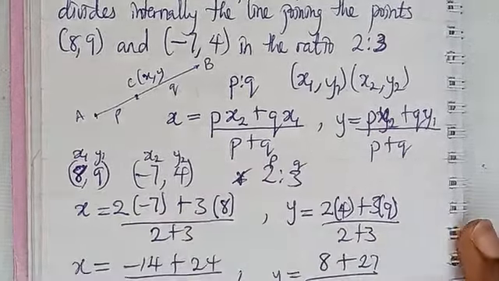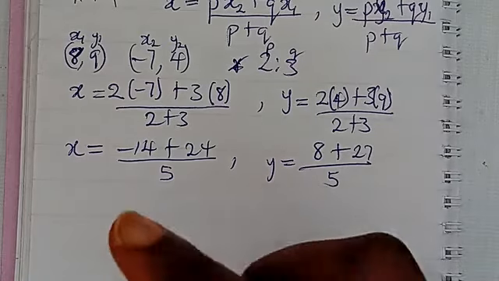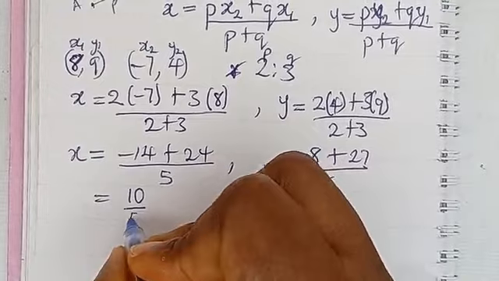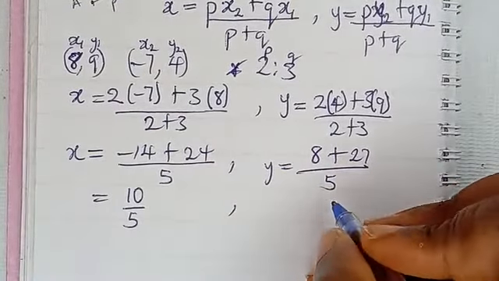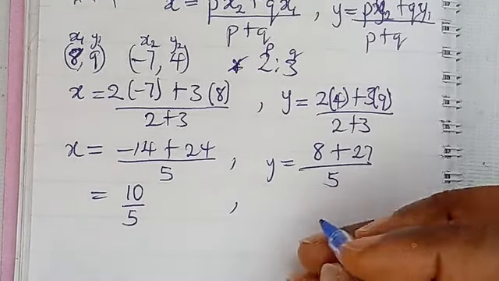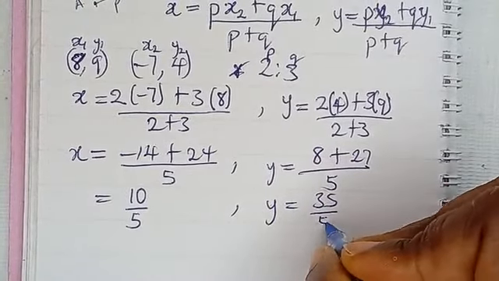Let's keep solving. -14 plus 24 gives us 10, and remember it's divided by 5. Then 8 plus 27 gives us 35, over 5.